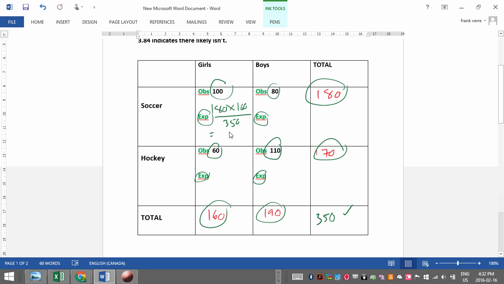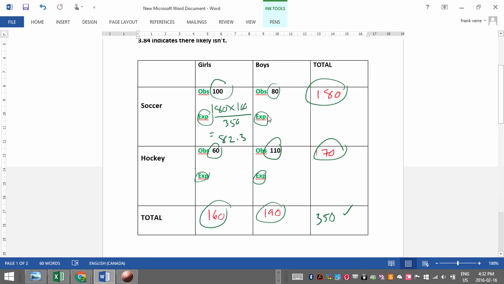That would give us the value of 82.3. So if everything was random, we would expect to see 82.3 girls playing soccer. Now we can say 0.3 because this is a calculated value.